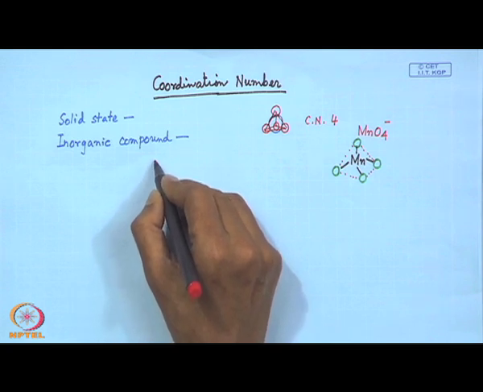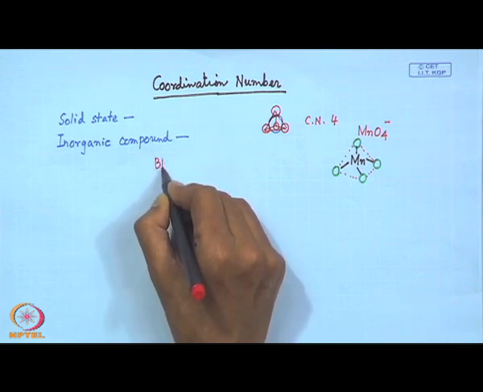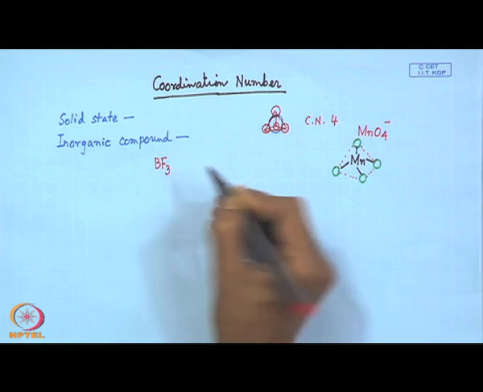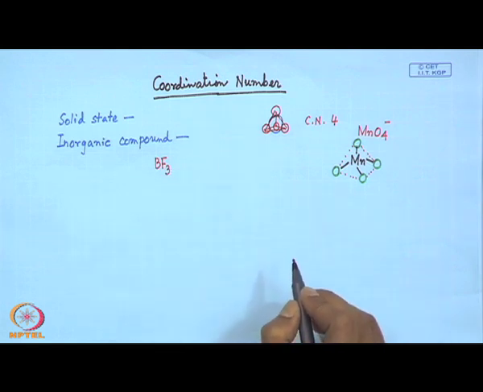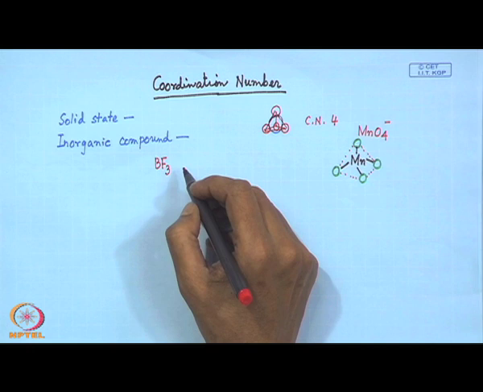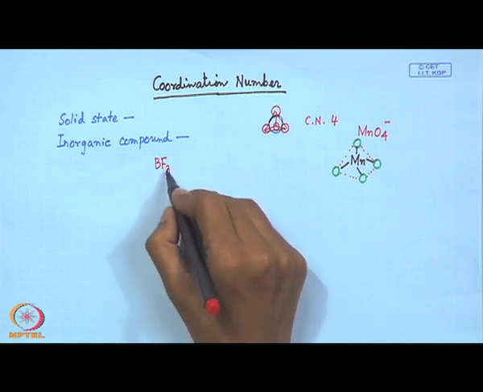Similarly, some inorganic compounds like boron trifluoride: by knowing the stoichiometry of the compound we can see that boron is attached to 3 fluorine atoms.